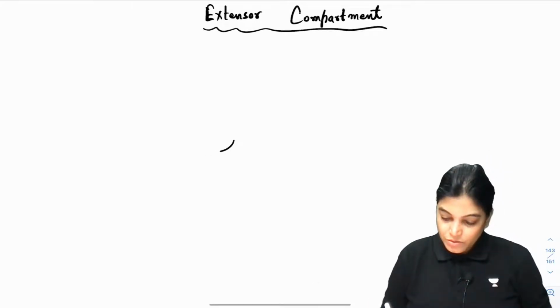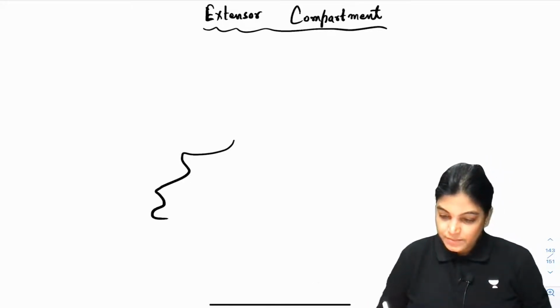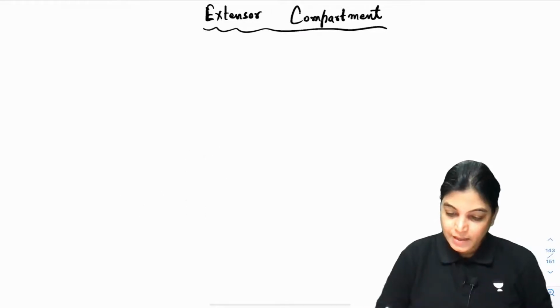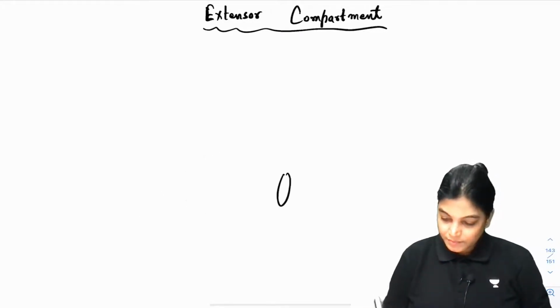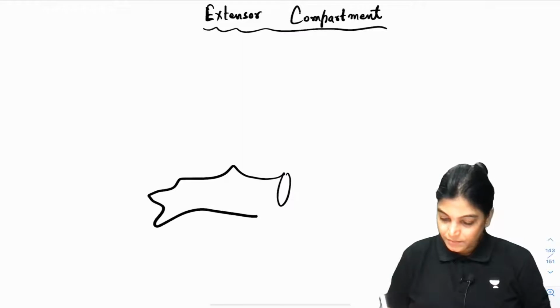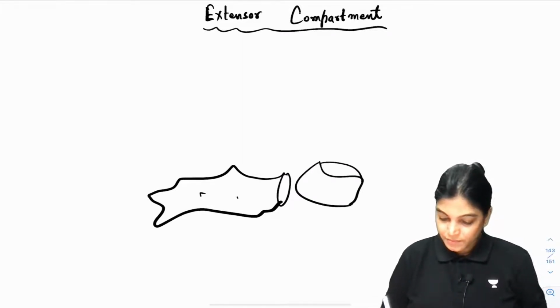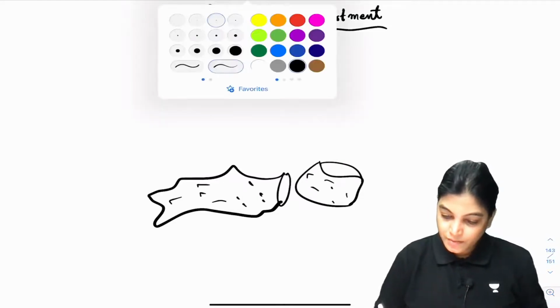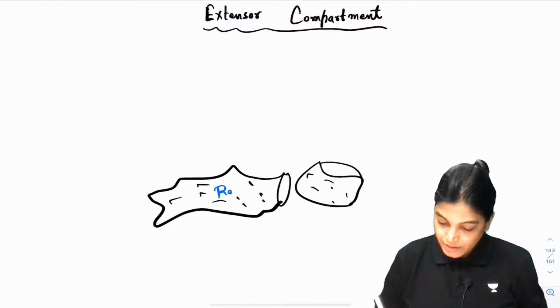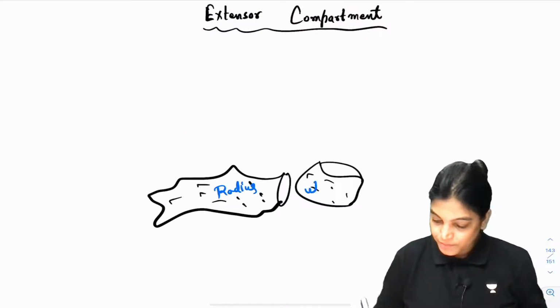Now I would like to make the outline of radius and ulna. So this is the radius bone and this is the ulnar bone.